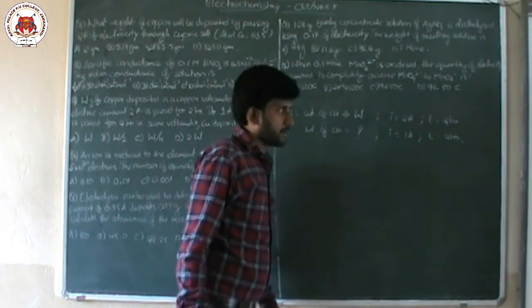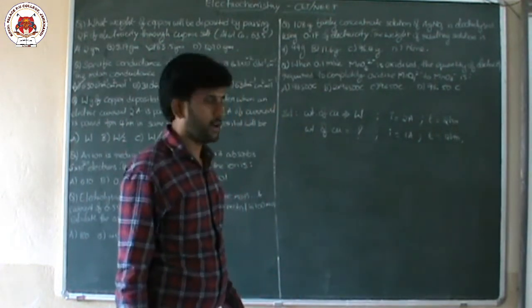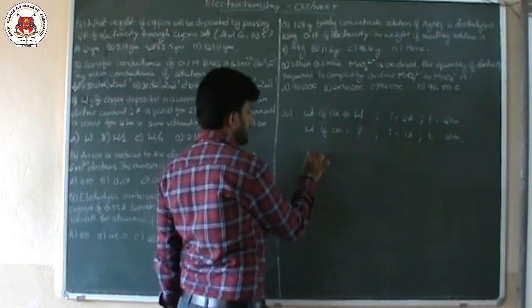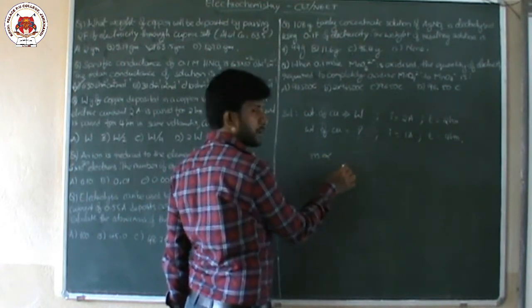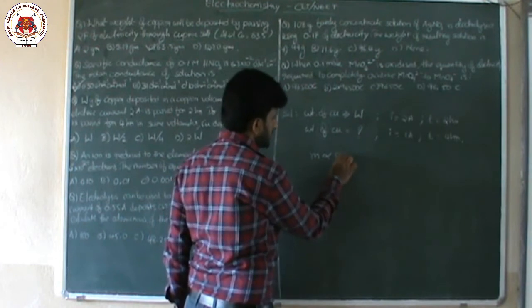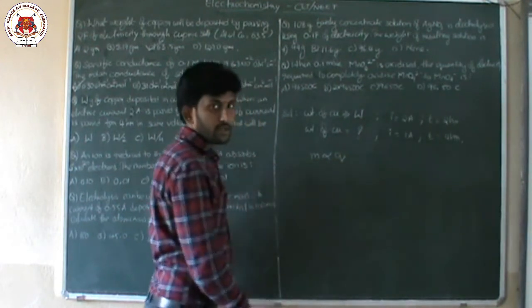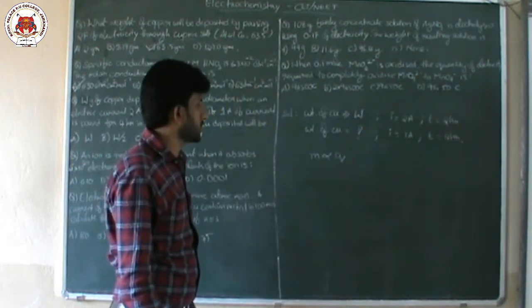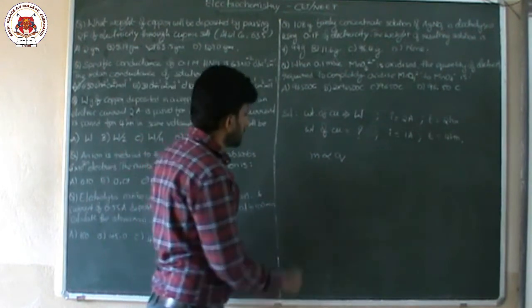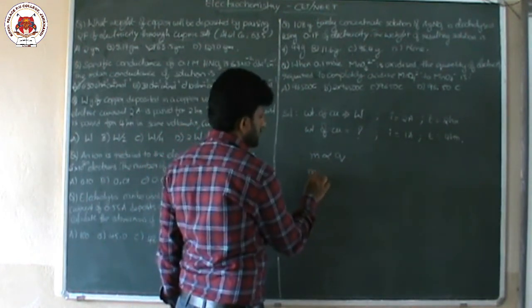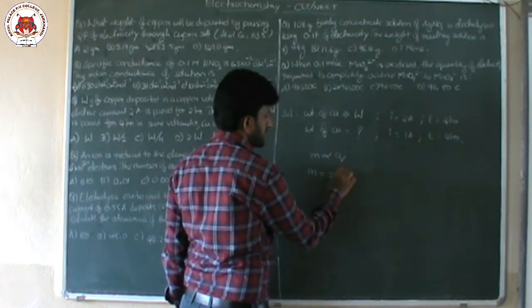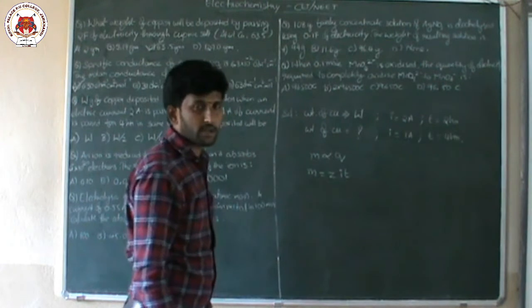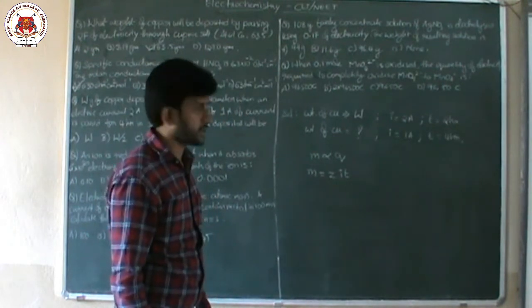Now, from Faraday's first law, I can write mass of the substance deposited is directly proportional to the charge. Or we are also writing like this: mass is equal to Z into I T, where Z is a constant, the electrochemical equivalent.